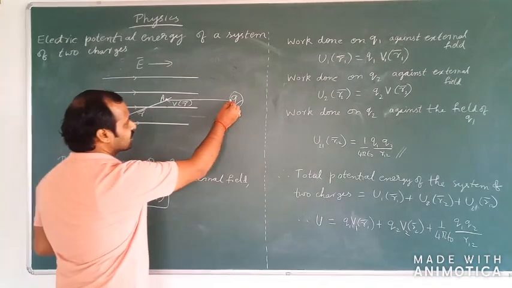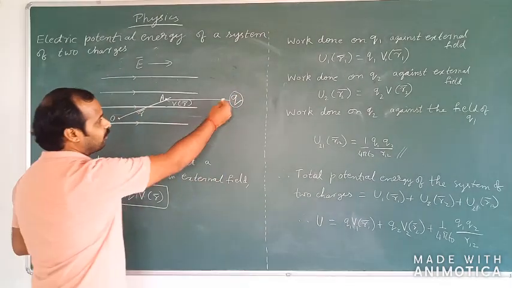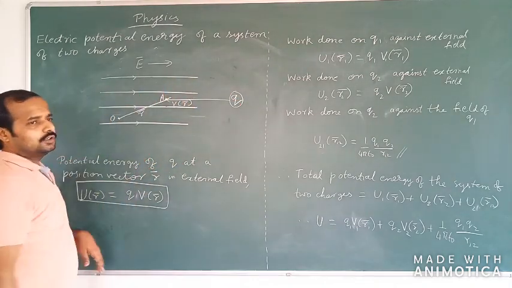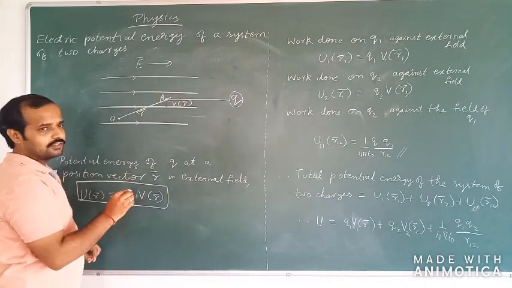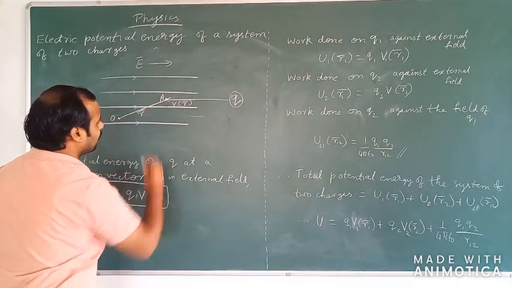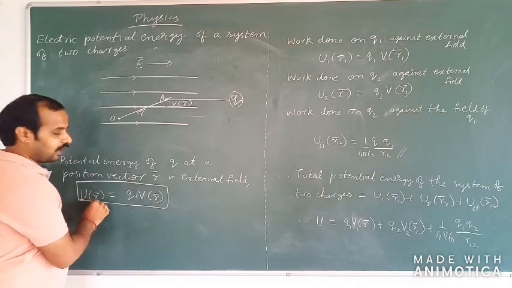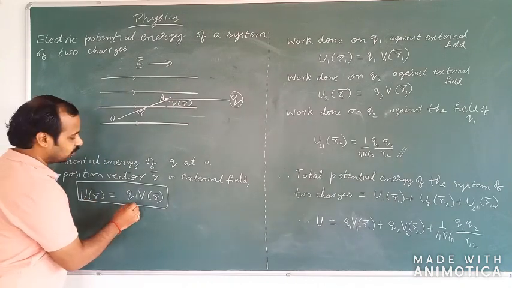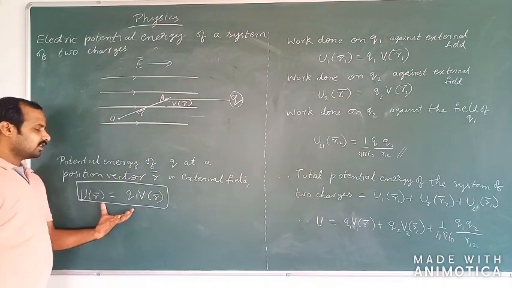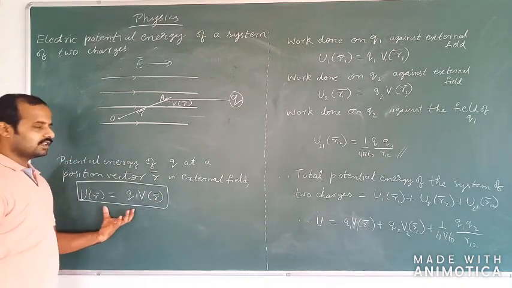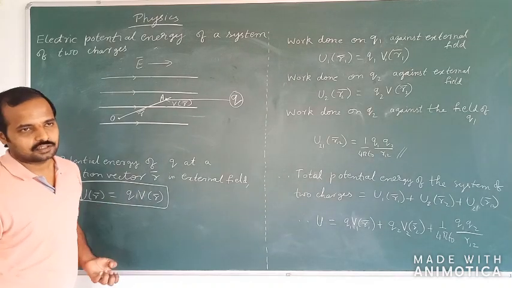Now the work done in moving this finite charge q from outside the electric field to position A inside the field can be defined as the potential energy. This potential energy U of r bar equals Q into V of r bar. So this is the potential energy stored in a single charge Q when it is placed in an external field.